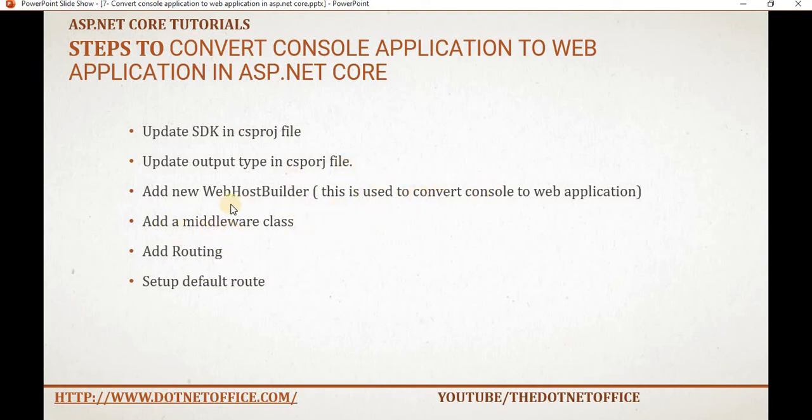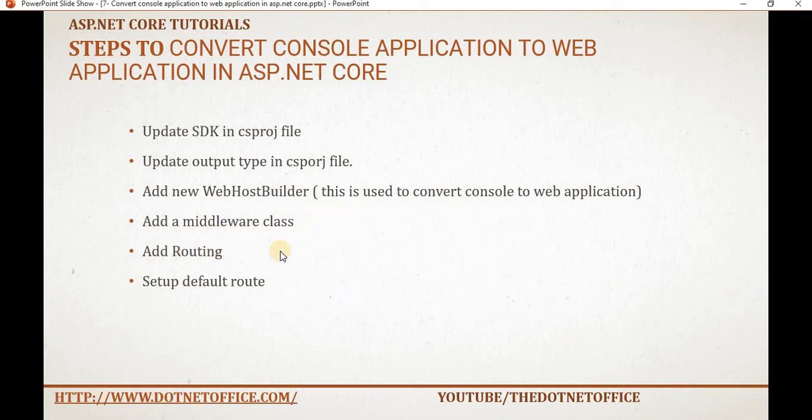Then we have to add a middleware class, and this is an important class. Basically it does all the operations related to hosting an application in the IIS server, and some extra features it does we will understand. We will create another video based on this middleware class, because it is important and hard for the ASP.NET Core web application.